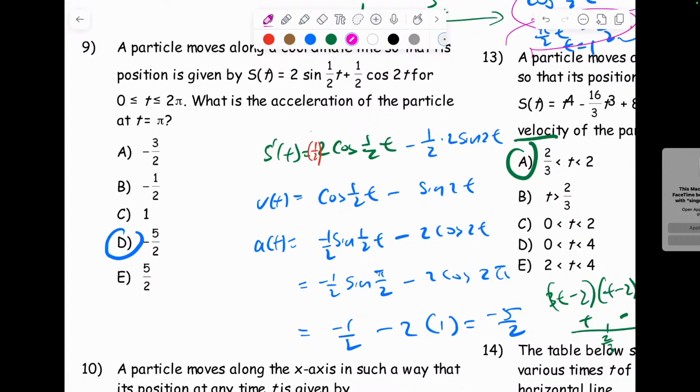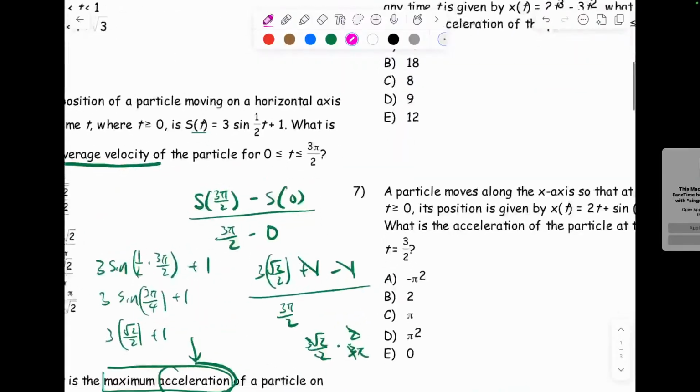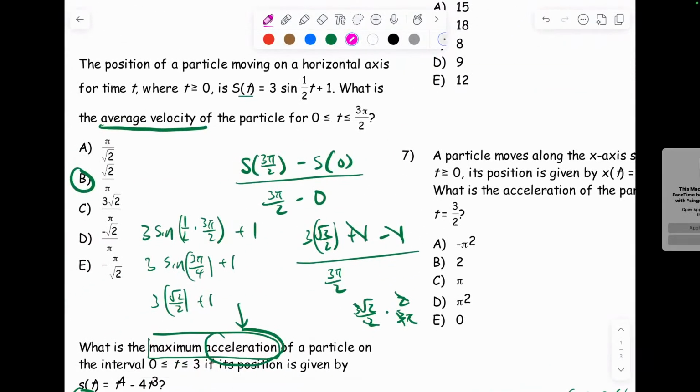Go over 3. Sure. Average velocity. You have to know average velocity because position is given. If position is given, then I have to find the difference.